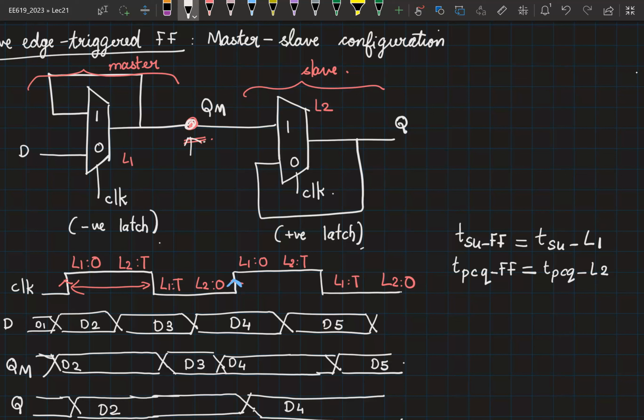So if the data has been set up much before the setup time of D, that means the data has already reached QM. So with that assumption, it is TPCQ of L2. The rising edge has occurred in the clock. From the rising edge of the clock, how much time does QM take to appear at Q?